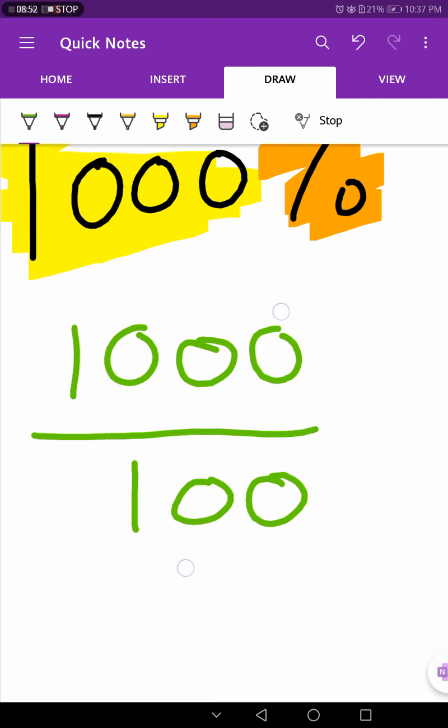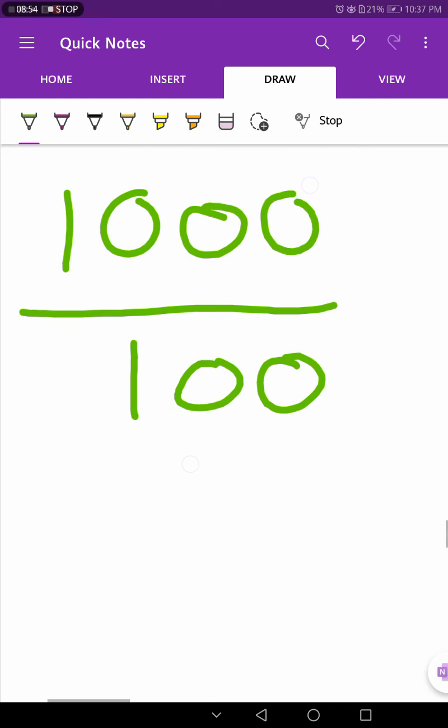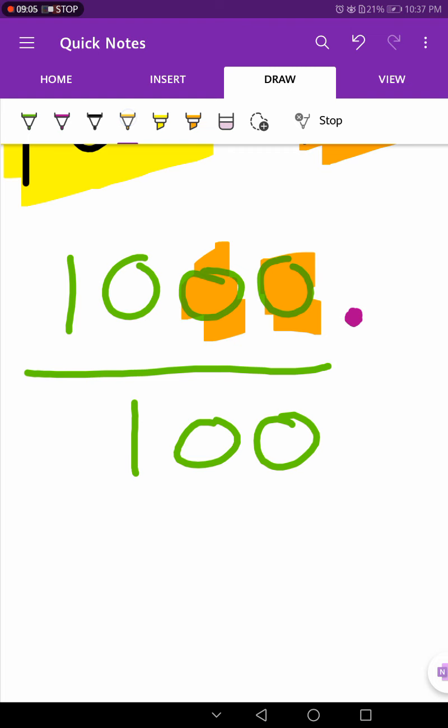You can apply what we learned. Let me do it in two ways. As you learned, we create a decimal point here and we jump 2 digits. So this will be moved here, and we cancel everything.